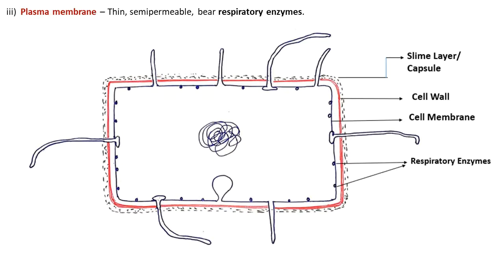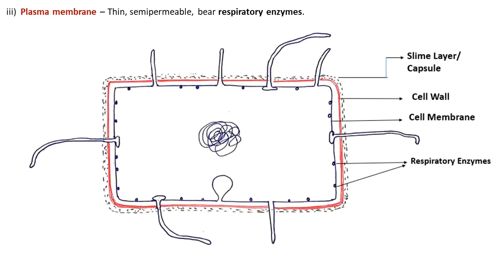The cell membrane on the inside bears the dots as shown in the diagram. Means the cell membrane not only performs the function of maintaining the shape and giving support to the cell, but in addition to that, it also performs the function of respiration, because it bears the respiratory enzymes.